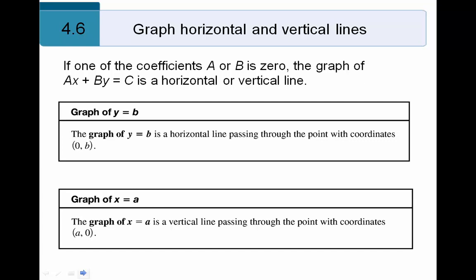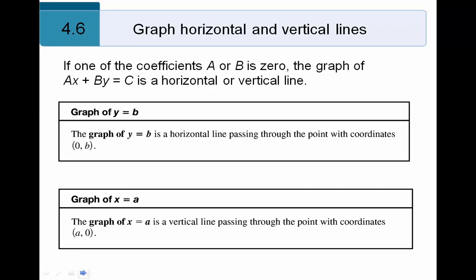The graph of y equals b is a horizontal line passing through the point with coordinates (0, b). The graph of x equals a is a vertical line passing through the point with coordinates (a, 0).